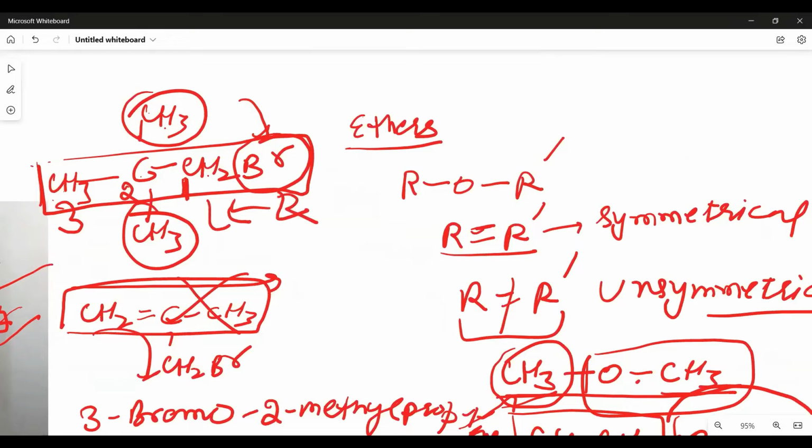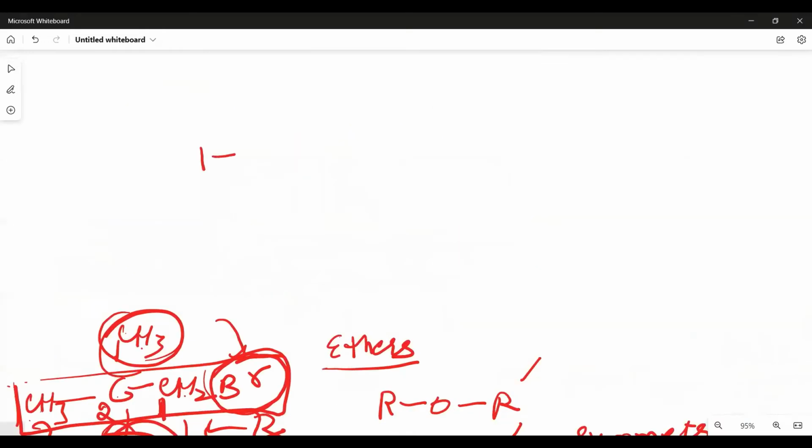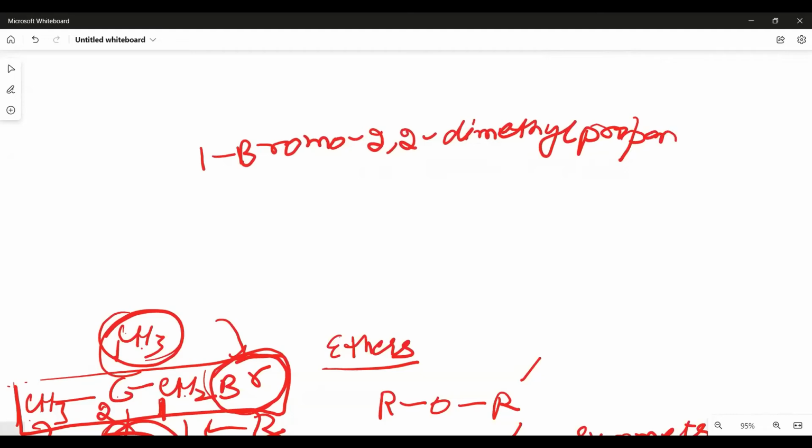So the nomenclature will become 1 bromo 2 2 dimethyl propane. So that will be the nomenclature for this particular compound.